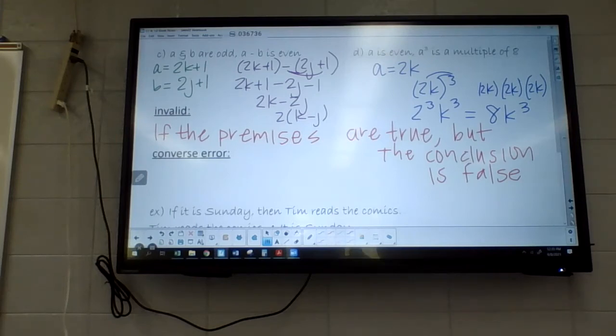So the premises are true, but the conclusion is false. So for instance, if I said a person is a member of the band, then the person plays an instrument.